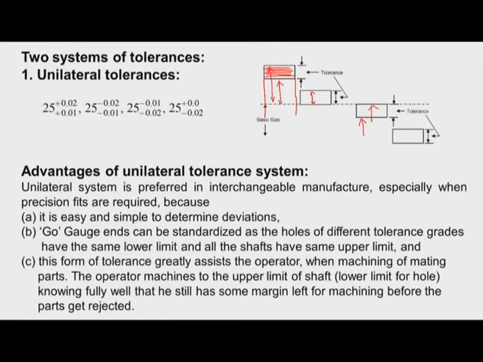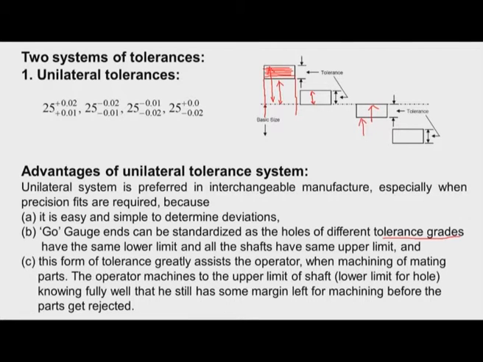Now what are the advantages of the unilateral tolerance system? It is easy and simple to determine the deviations, and go gauge ends can be standardized as the holes of different tolerance grades have the same lower limit and all the shafts have the same upper limit. What this tolerance grade is, we will understand after some time.